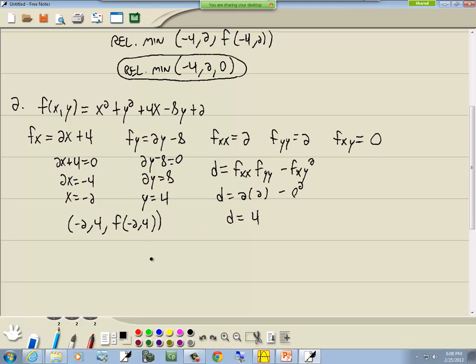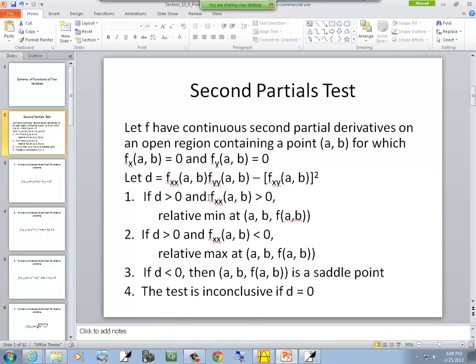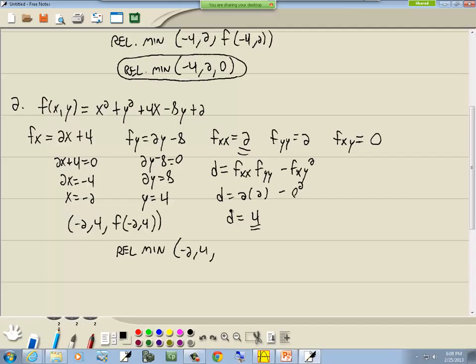Now let's do the relative min again. So relative min. The reason why is because this is positive and this is positive, which is our first one here, relative min. Well, if I put negative 2 and 4 up here, let's see what in the world I got. F of negative 2, 4. We're going to have negative 2 squared plus 4 squared plus 4 times x, which is negative 2, minus 8 times y, which is 4, plus 2.